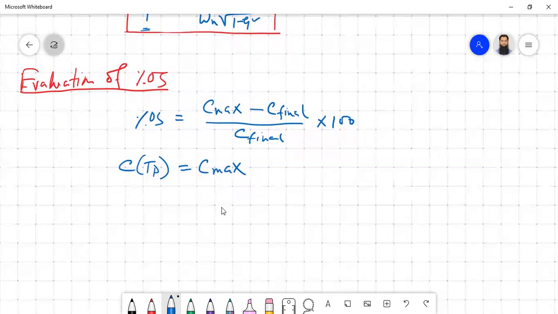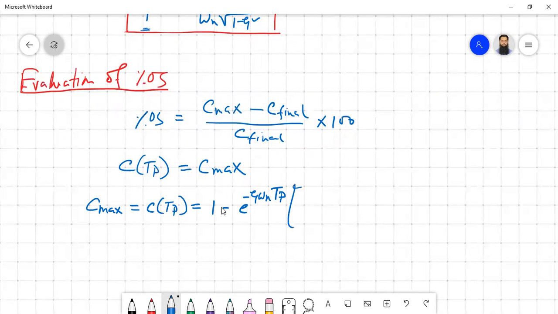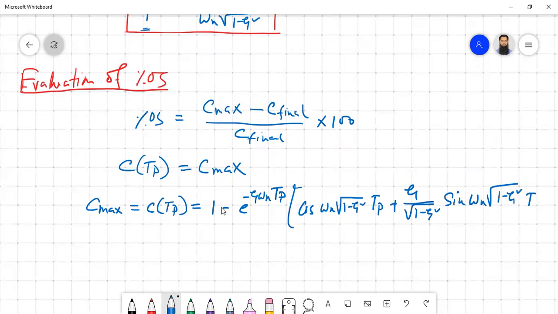So in that complicated big equation, we have to figure out C max. We replace t by Tp, and that gives us 1 minus e to the power minus ζω_n Tp, then cos ω_n root over 1 minus ζ² Tp plus ζ by root over 1 minus ζ² sine ω_n root over 1 minus ζ² Tp.